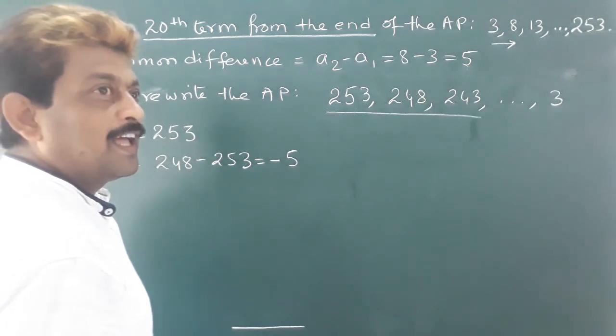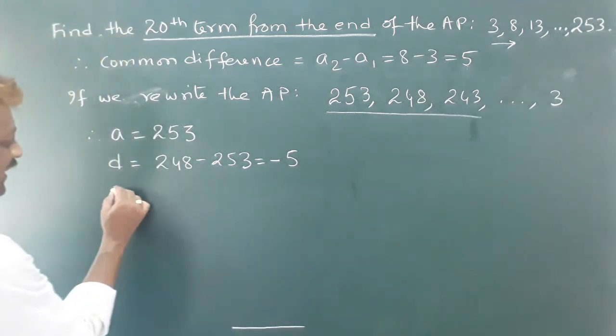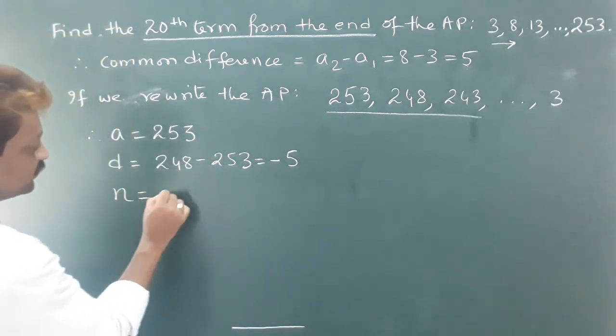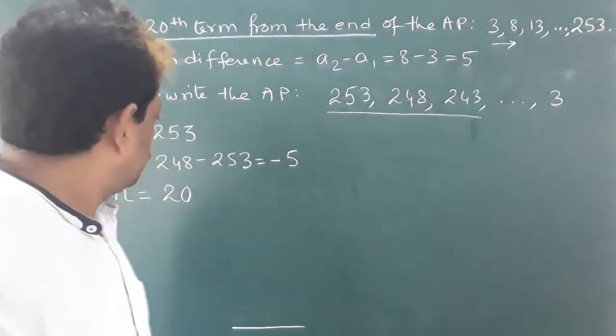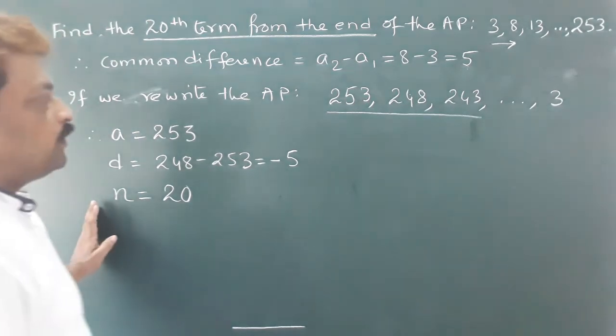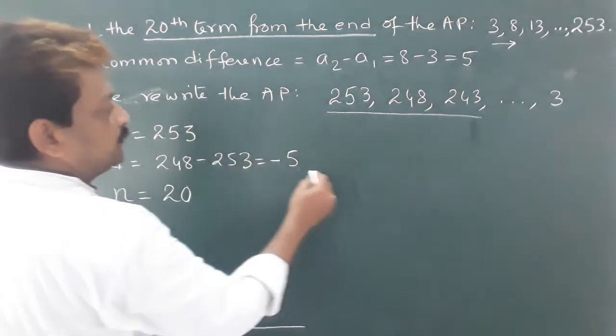And the number of terms n is 20. Here we have to find the 20th term, that means a20.